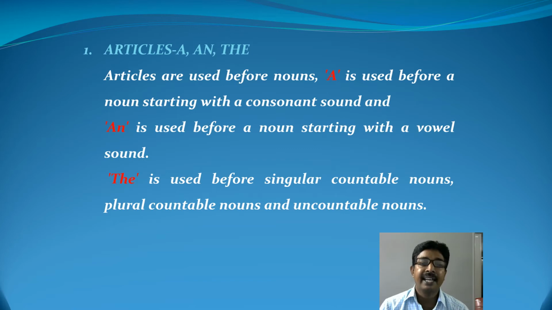A and an are called indefinite articles, and the is called the definite article. And the definite article the is used before singular countable nouns, plural countable nouns, and uncountable nouns.